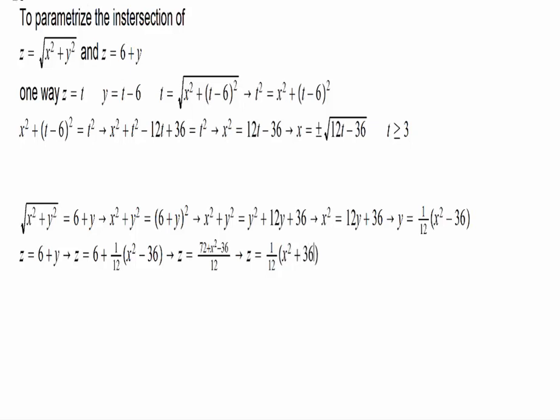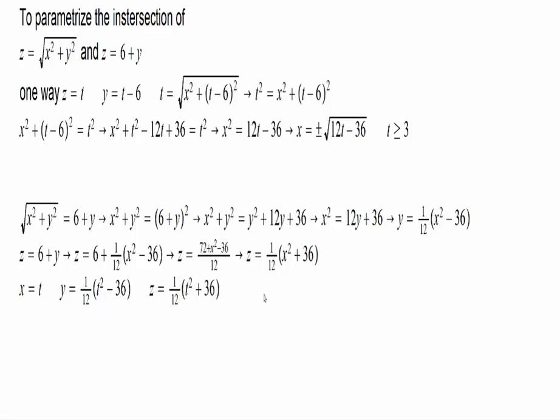So if I take x equals t, then y is 1 over 12 (t squared minus 36), and z is 1 over 12 (t squared plus 36). So these are the two ways we have done this, and I didn't think it would take me that long.